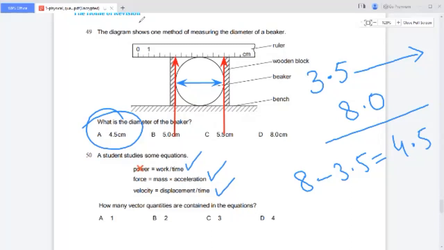Power is not a vector quantity, time is not a vector quantity, work is not a vector quantity, mass is not a vector quantity. So we have force as a vector quantity, acceleration as a vector quantity, velocity as a vector quantity, and displacement as a vector quantity. So there are 4 vector quantities. You can see the number of green ones.